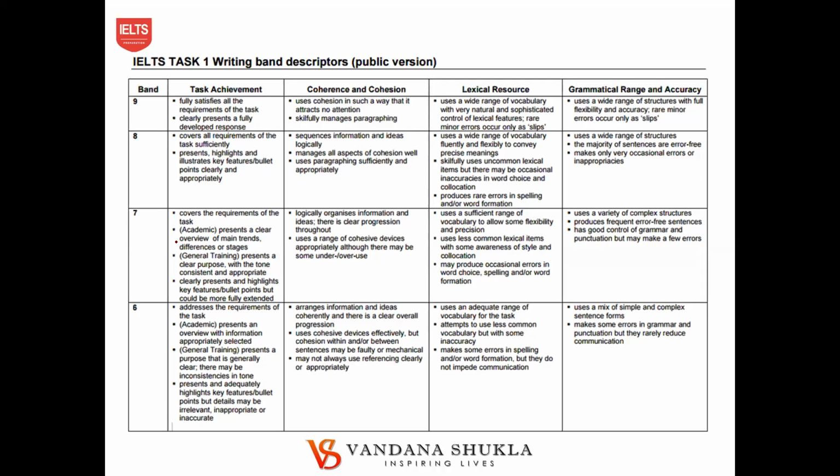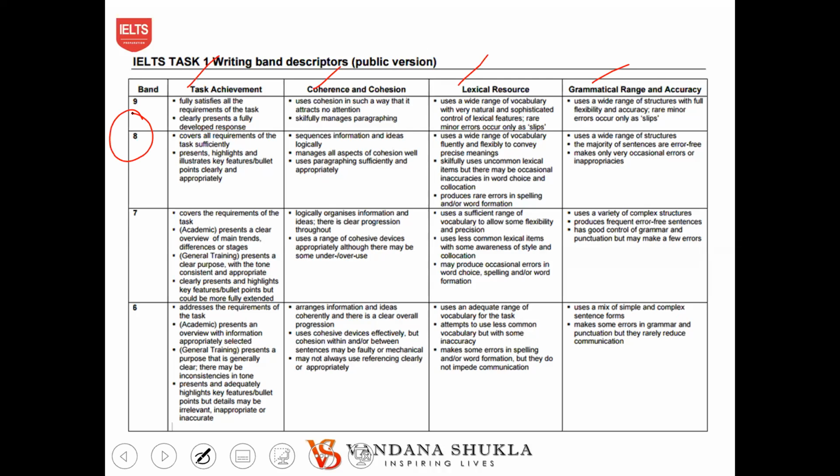Okay, this is the writing band descriptors for task one. It means you are rated on these four parameters in task one. The first one is task achievement. If you look at band 8, it covers all requirements of the task sufficiently.